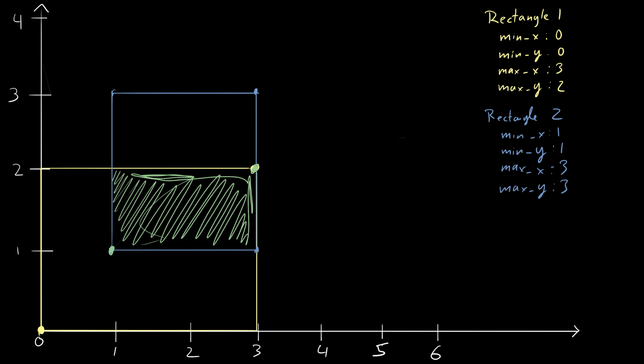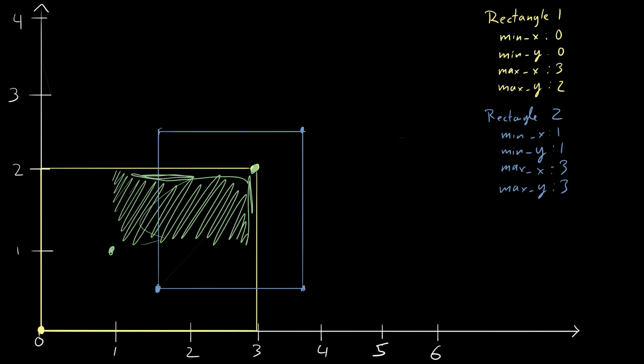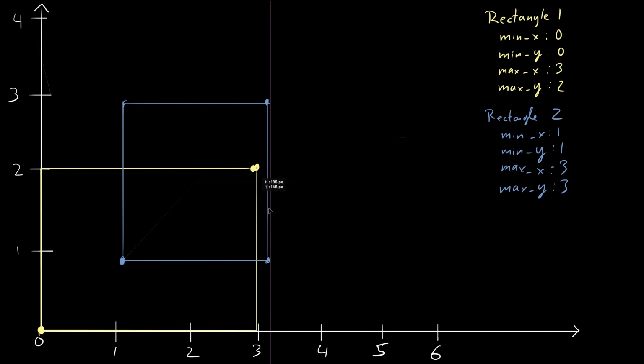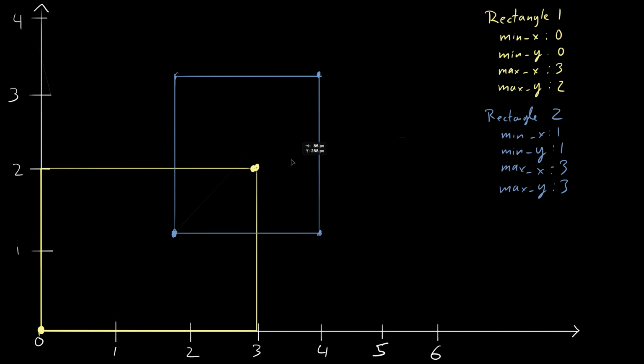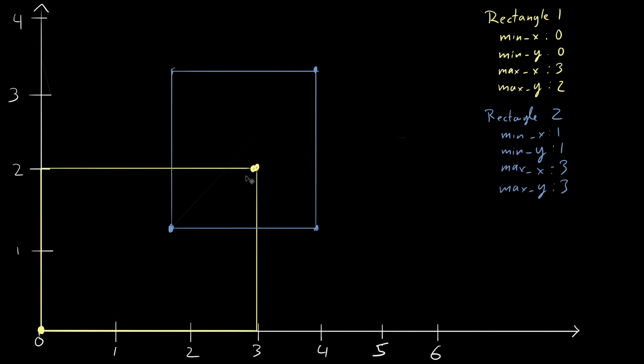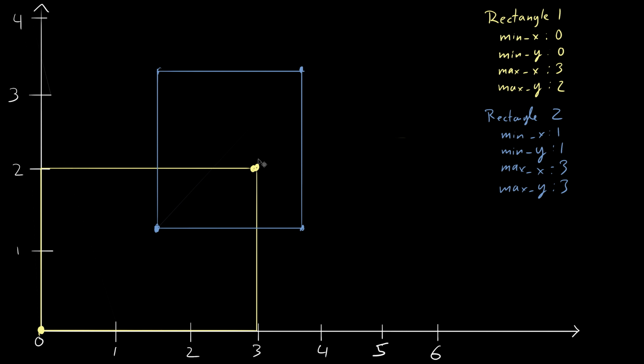Now, if we move around our second rectangle, it's essentially always the same thing. No matter where you go, the corners will be the blue corner and the yellow corner, and that is the new rectangle.